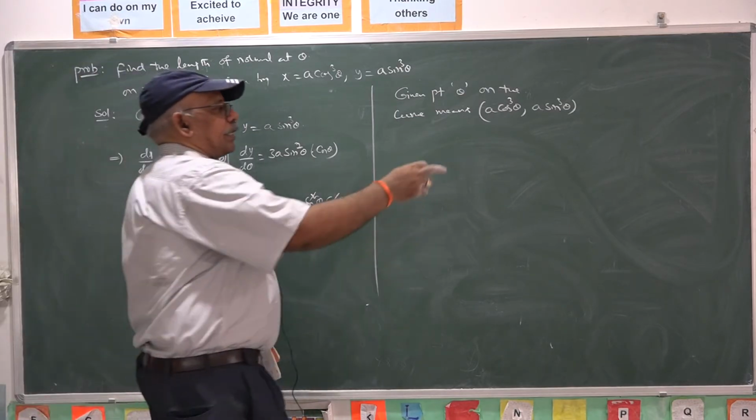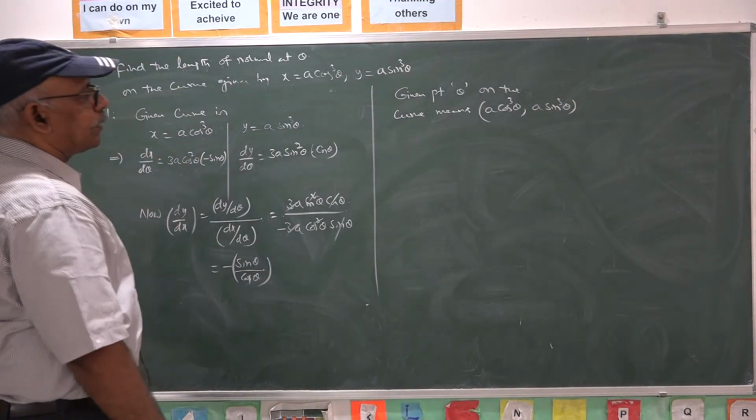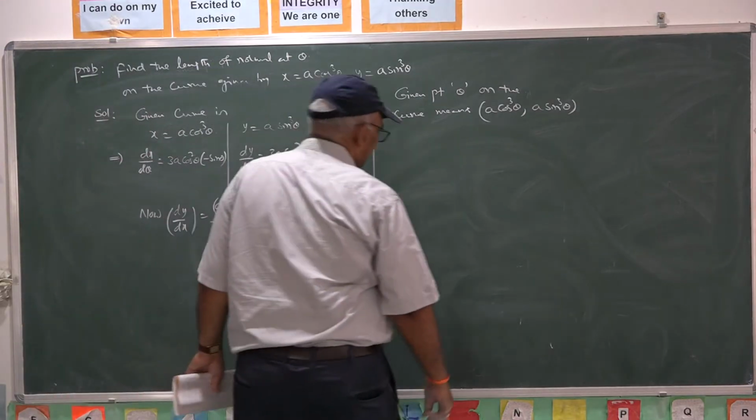So this is x1 here, this is y1. Assuming y1 is a sin cube theta, the length of the normal is to be measured.